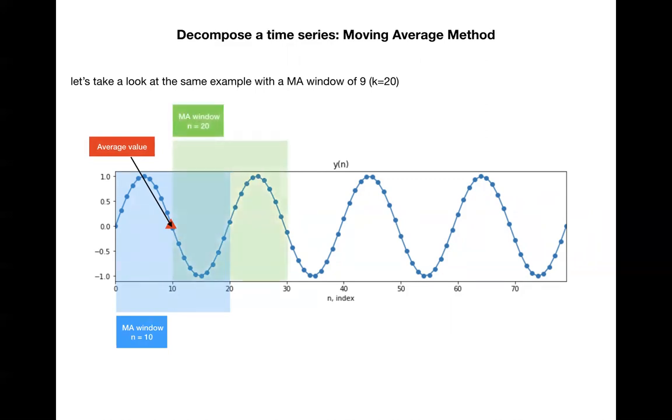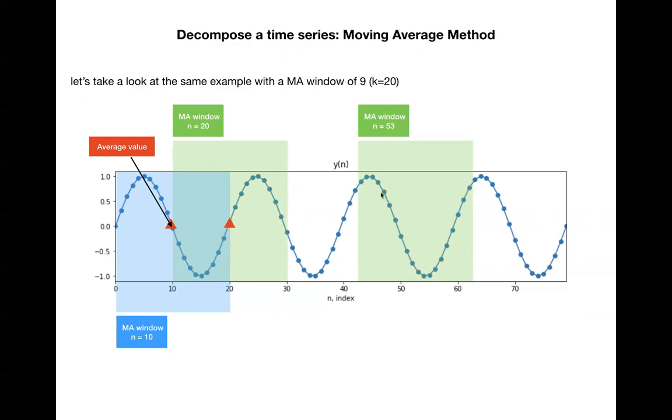So now we move to the next window, a couple of points down here. And you can see that this periodicity is also averaged to one single number, which is also close to 0. If you keep going, moving all the way down to n equals 53, I'll be averaging the values inside this little green window.